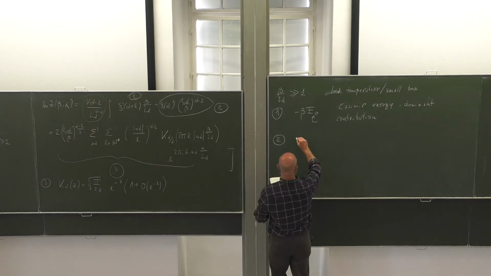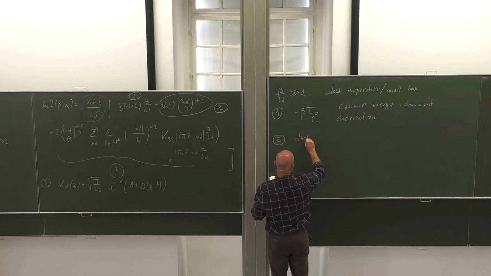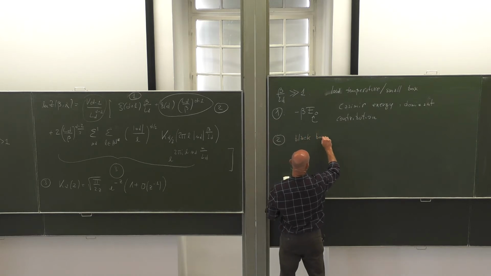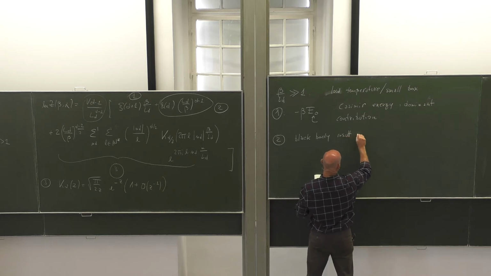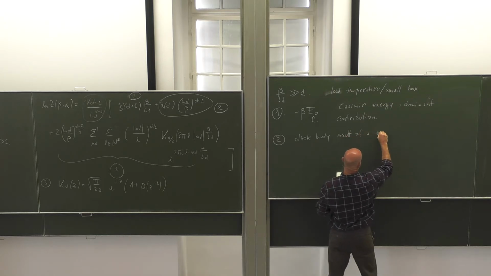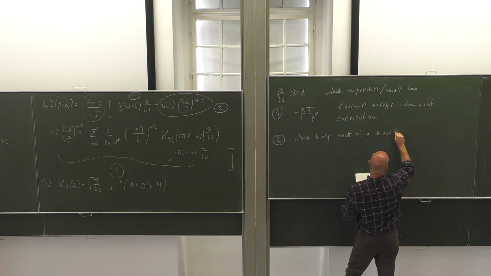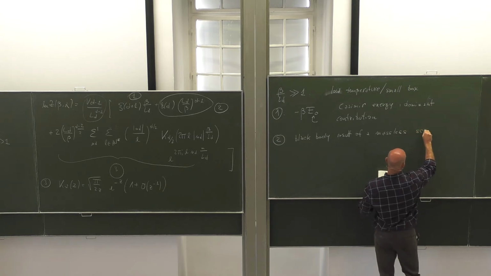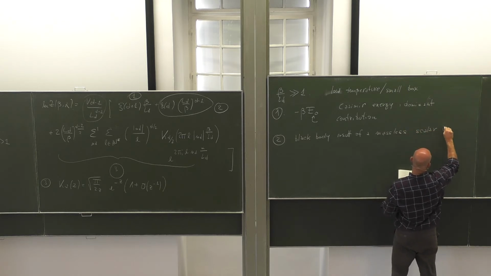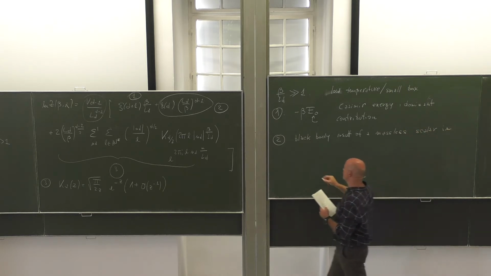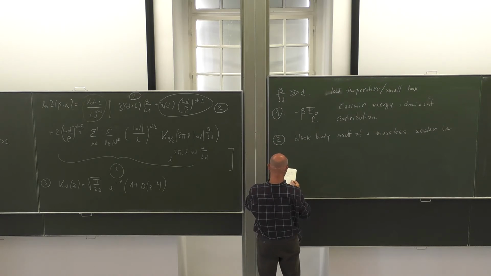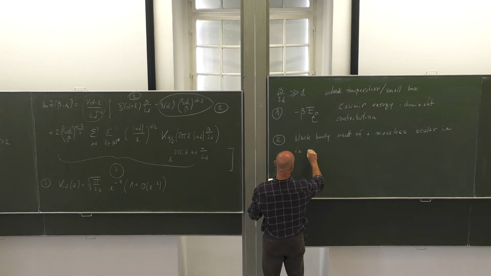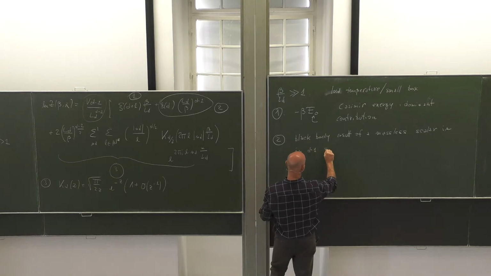So this is the black body result in one dimension less, D-1 spatial dimensions.